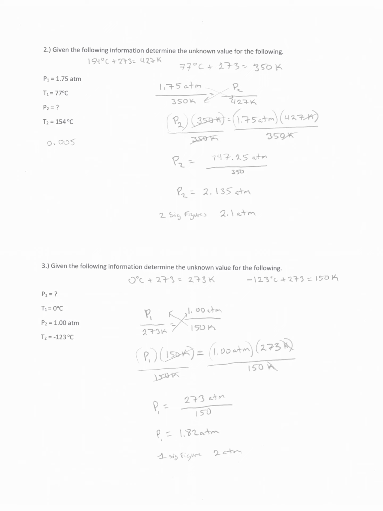Question number two, the final pressure is the unknown, and that is 2.135 atmospheres, ATM. So ATM is atmosphere, so that's another unit for pressure. Question number three, the initial pressure is the unknown, and that is 1.82 atmospheres, ATM.